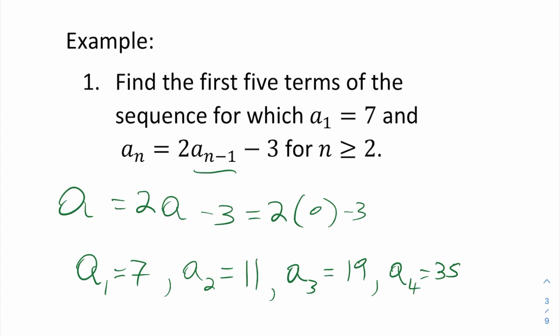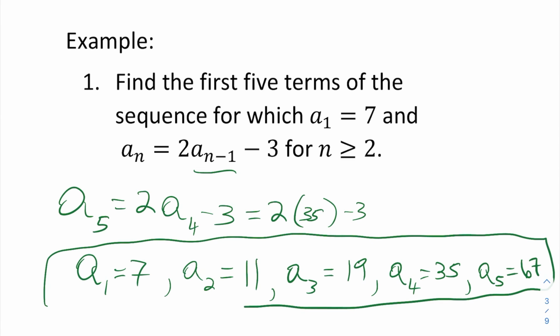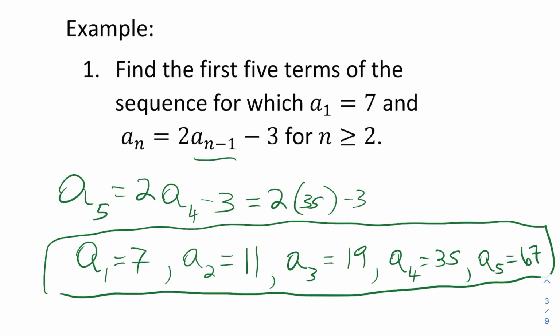So a5 is going to be 2 times a4 minus 3. But a4, we already found out, was 35. So 2 times 35 is 70. 70 minus 3 is 67. So a5 is 67. And there we have the first 5 terms of this recursively defined sequence. And that's how we find the terms of a sequence.